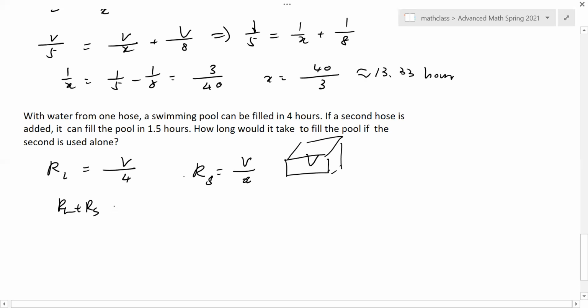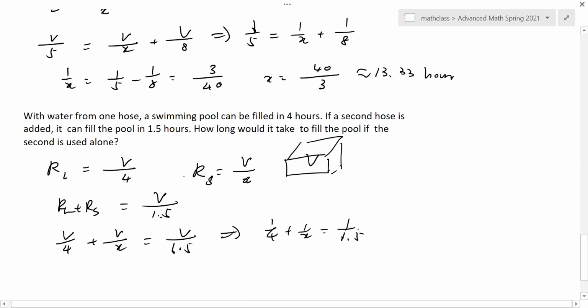The combined rate fills the pool in 1.5 hours, so it's V over 1.5. Then I think it's easy to find X. You put everything there. So V over 4 plus V over X equals V over 1.5, and the V's cancel out.